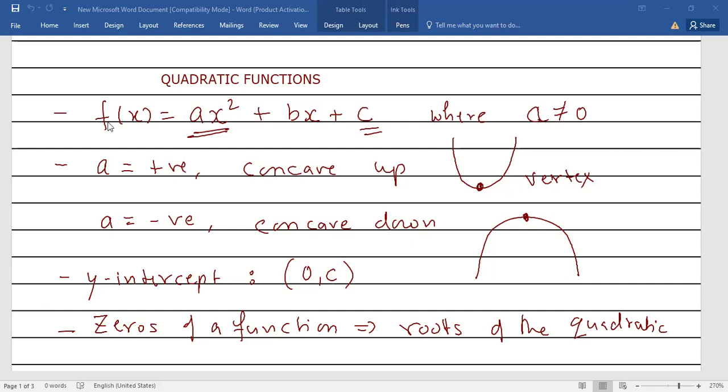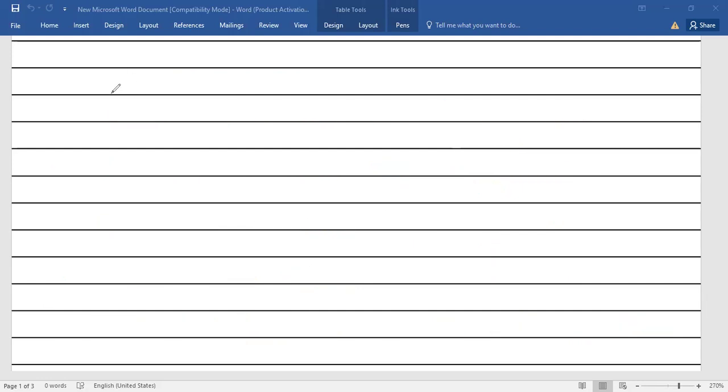Then some of the important points about this quadratic function we can write like this. How to find the roots of a quadratic function? Roots can be found by using any of the following techniques. Obviously, we can use the factorization method, or we can use the graphical method, or we can use the quadratic formula.